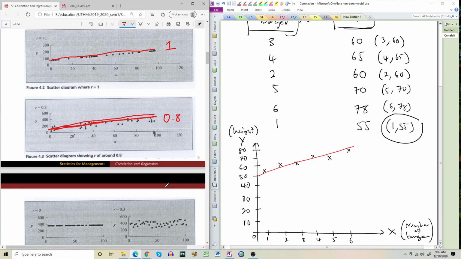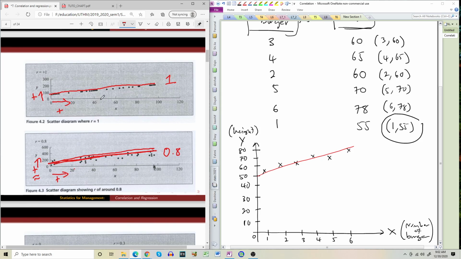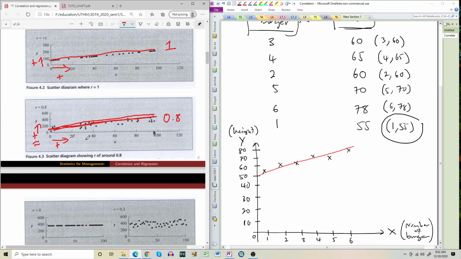It's scattered a little bit, so it is reduced to 0.8. You see here, as x increases, y also increases. This one as x increases, y also increases, but a little bit. The previous one is better, more accurate. The second one is less accurate than the first one.